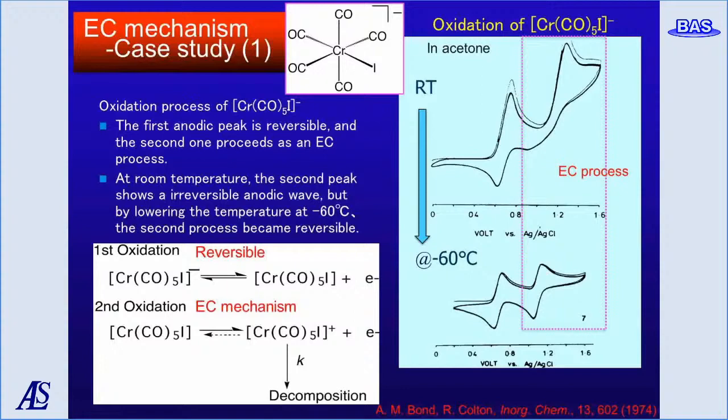That is, iodo-pentacarbonyl chromate anion was reversibly oxidized as a one-electron oxidation process, and then the two-electron oxidized product, iodo-pentacarbonyl chromate cation, was unstable, accompanied by decomposition reactions. So this is a good example of how to tackle the question of EC mechanism.